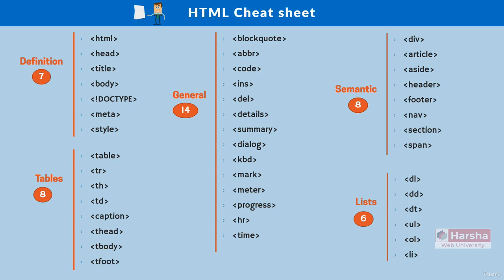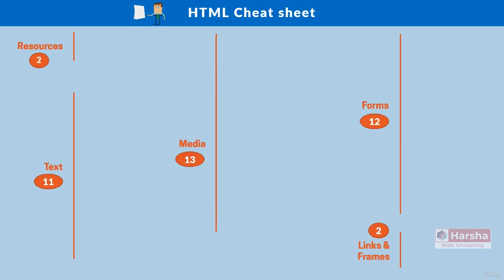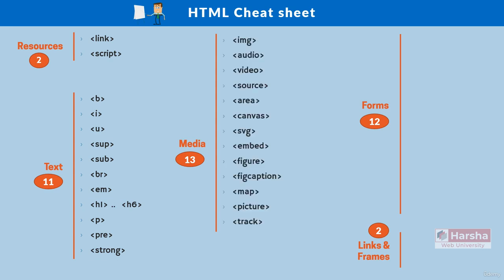And along with these tags, we have some other set of tags also. The resource tags are 2, that is link and script. The text formatting tags are 11, that is b, i, u, sub, sup, etc. Media tags are 13, that is img, audio, video, source, area, etc. You can see many tags that are newly introduced in HTML5.